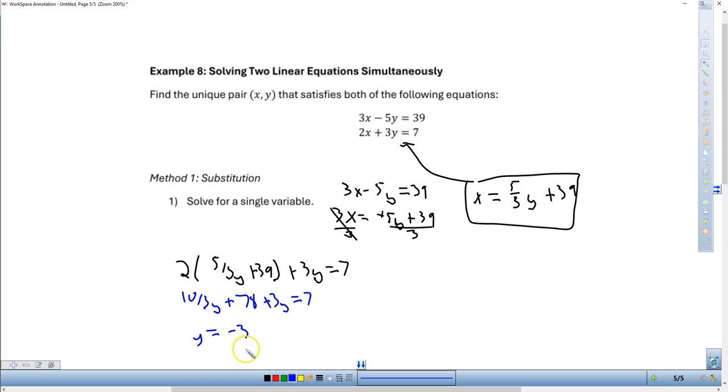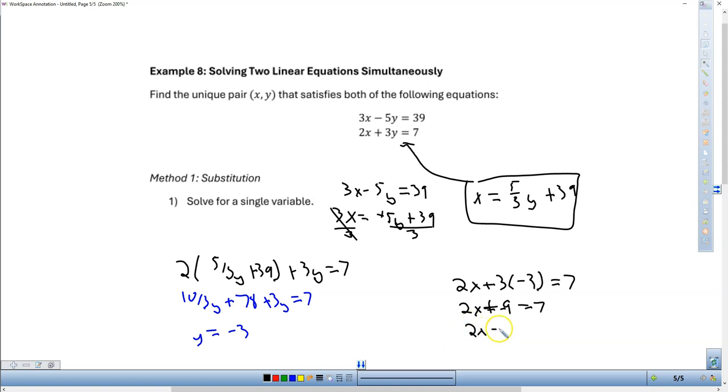Now if we want to figure out what our x value is, all I have to do is take that and plug it into either one of these equations. I think I'm going to do the second one because that looks a little bit simpler. So I'm going to switch back to black for this. Let's say 2x plus 3 times negative 3 equals 7. 2x plus a negative 9 equals 7.